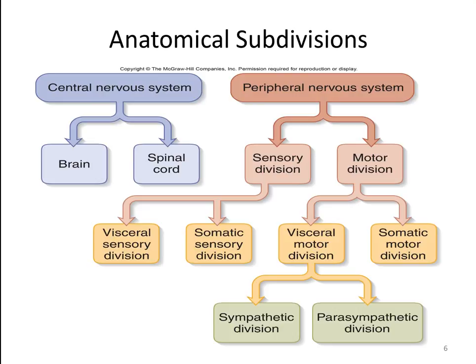Sensory is what it sounds like. It is filled with receptors that detect stimuli. So visceral sensory and somatic sensory are two different divisions. So I'm going to add to this. Visceral sensory monitors internal stimuli, and the somatic sensory division monitors external stimuli.